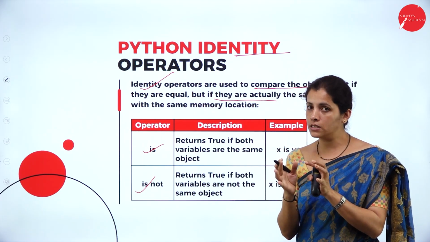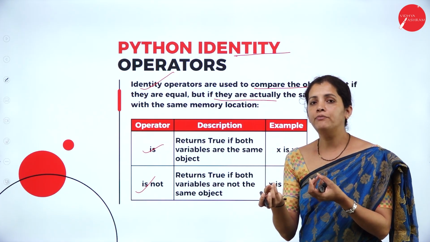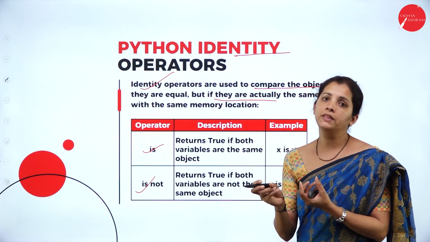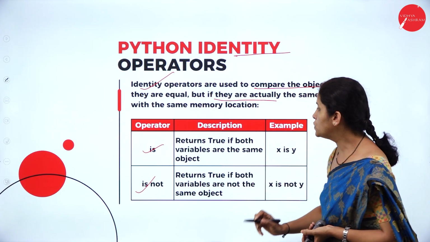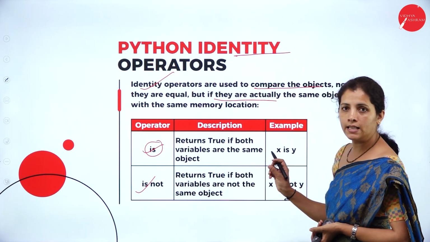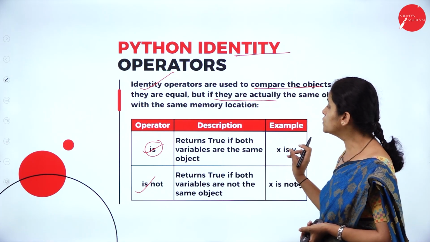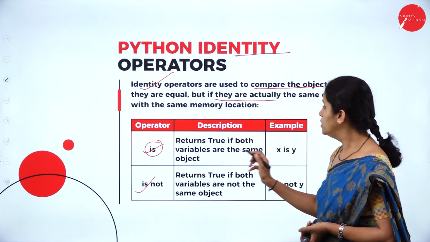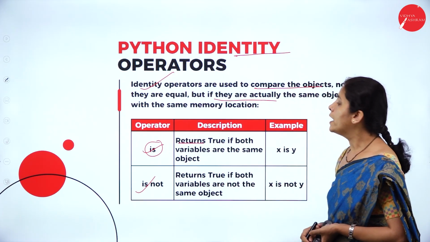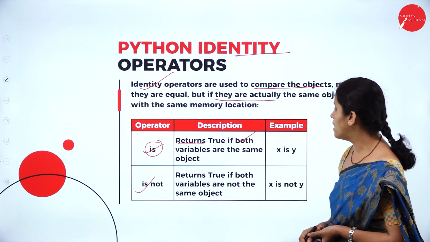If both the objects are same, it returns true. If both the objects are not same, then it's going to return false. So if I use is, in the sense both the objects are same, then it's going to return true. So it returns true if both variables are the same object.